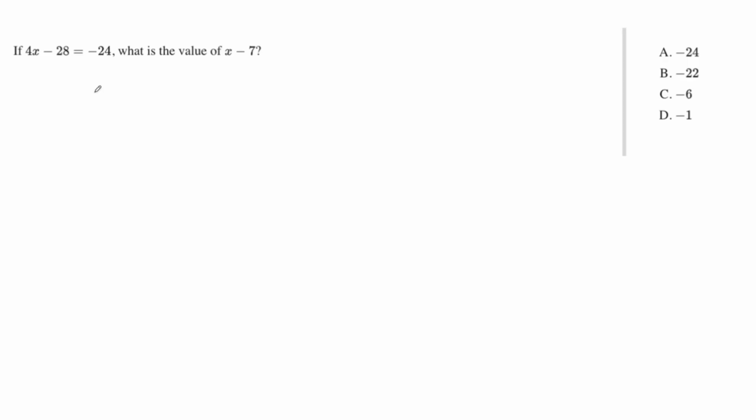But oftentimes if you have this kind of problem, or it's sometimes a little bit more complex, again, this is a little bit easier, what I would suggest is recognizing x minus 7 is pretty close to 4x minus 28. There's just a factor of 4 that's a little bit different there. So I would factor 4 out personally. 4 times x minus 7 equals 4 times -6.